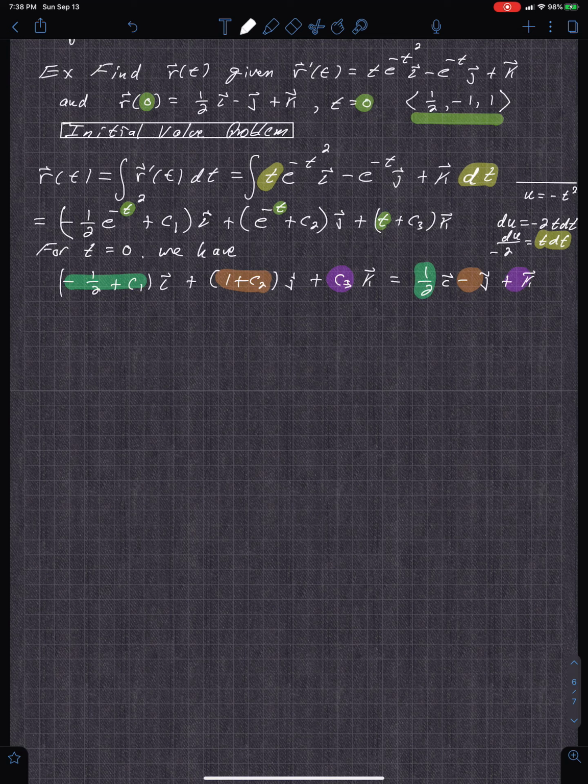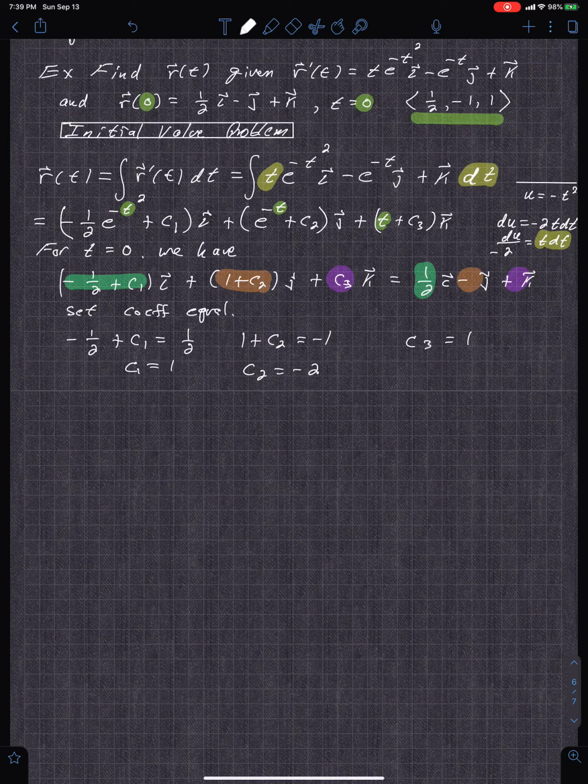You basically set coefficients equal. So you get negative 1/2 plus c1 is equal to 1/2. c1 is 1. 1 plus c2 is equal to negative 1. So c2 is equal to negative 2. And c3 is done.